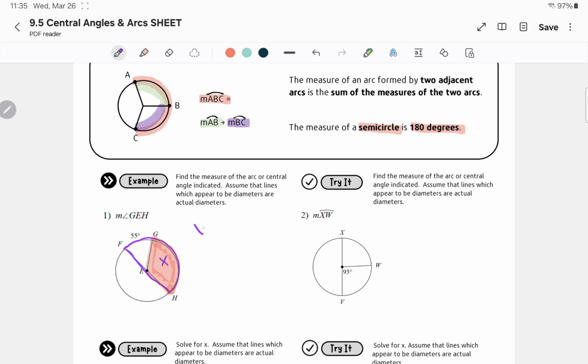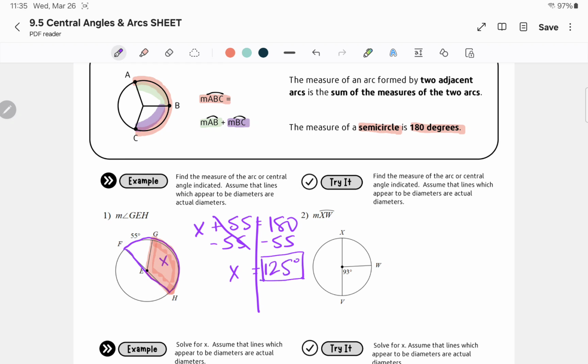Let's put an X. So X plus 55 is equal to, what's a semicircle? 180. And then all we have to do is solve. So let's go ahead and subtract 55 from 180. Let's put our line. And 180 minus 55. So 180 minus 50 is 130. Come down 5 more, and that's 125.